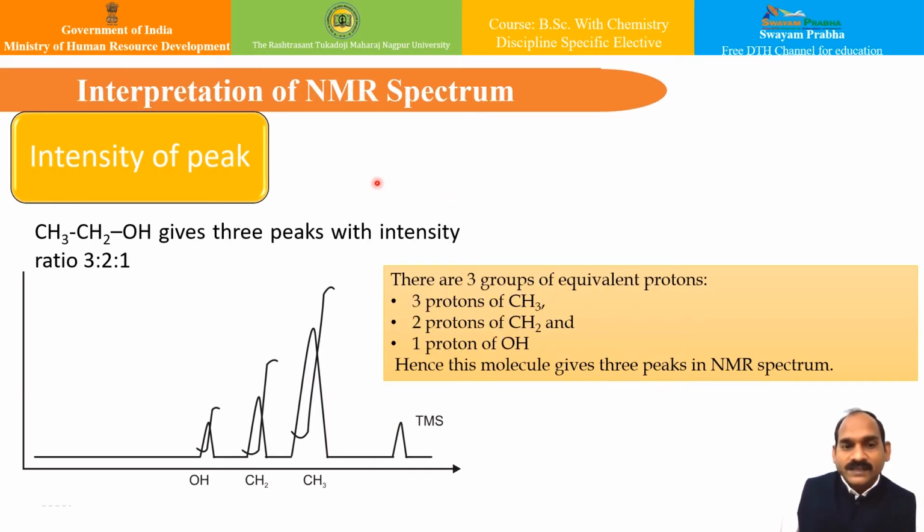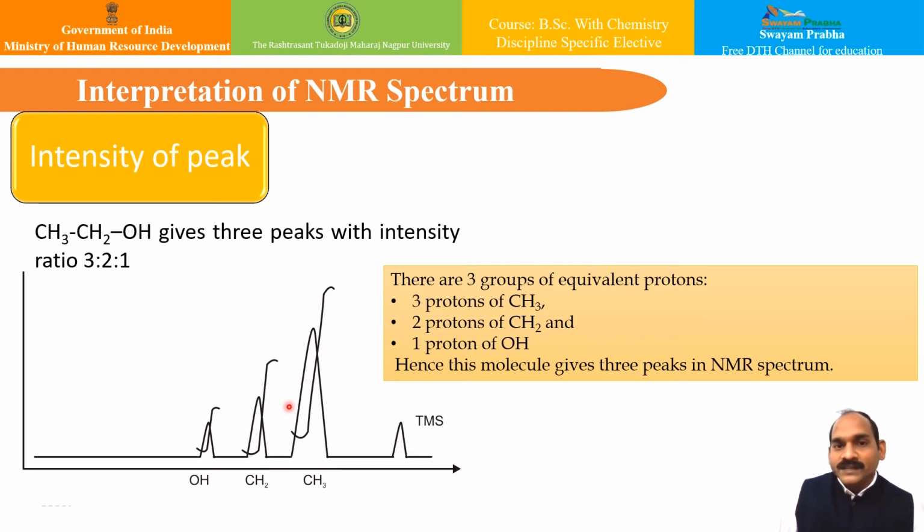Then the intensity of the peak is another important aspect with which we can analyze NMR spectra. In NMR spectroscopy, the intensity of a signal is basically the area under the peak, and it is very difficult to calculate the area, so the NMR spectrometer gives integration lines along these peaks.